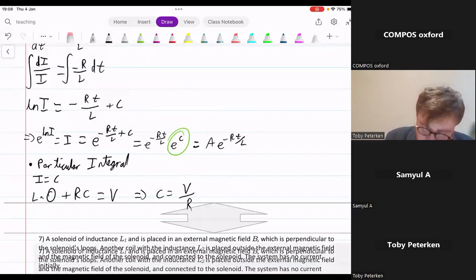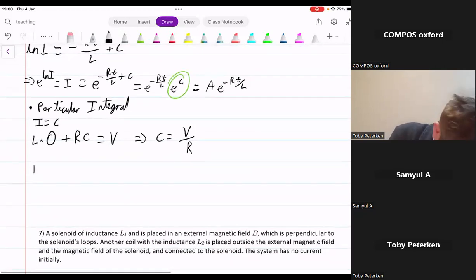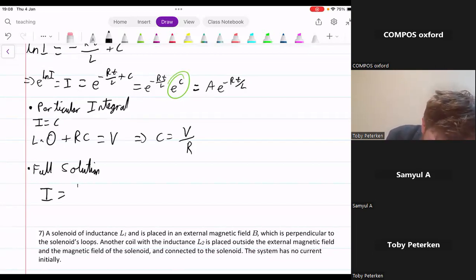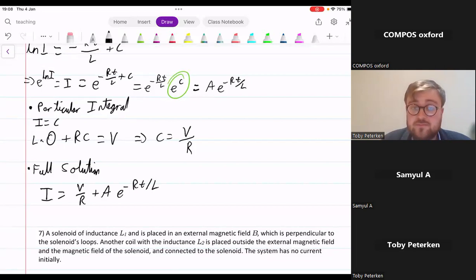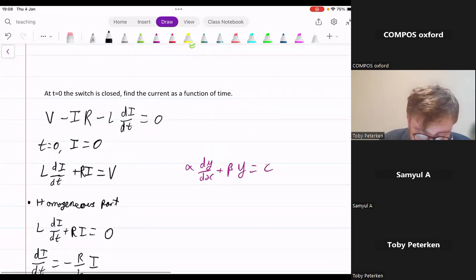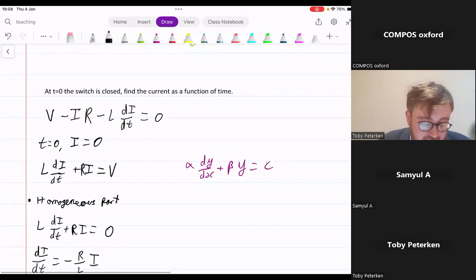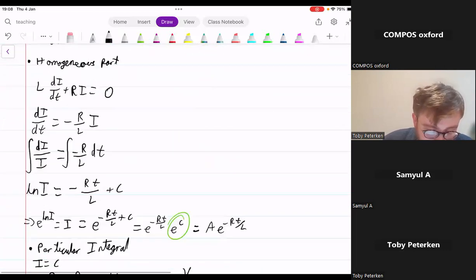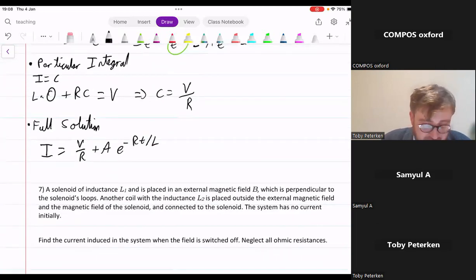So now the full solution is I equals V over R plus A e to the minus RT over L. Now, the last thing we need to do is work out A by using our initial conditions. So at T equals 0, I equals 0. So let's put T equals 0, I equals 0 in.